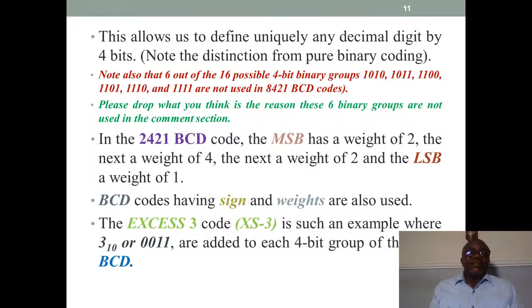In the next one, which is the 2421 BCD code, the most significant bit has a weighting of 2, the next a weighting of 4, the next a weighting of 2 again, and the least a weighting of 1. We also know that this BCD code enables the computer to assign the sign of the numbers.